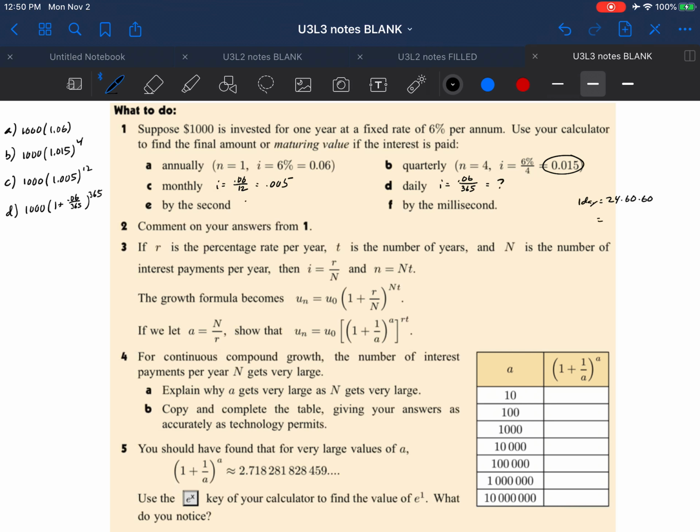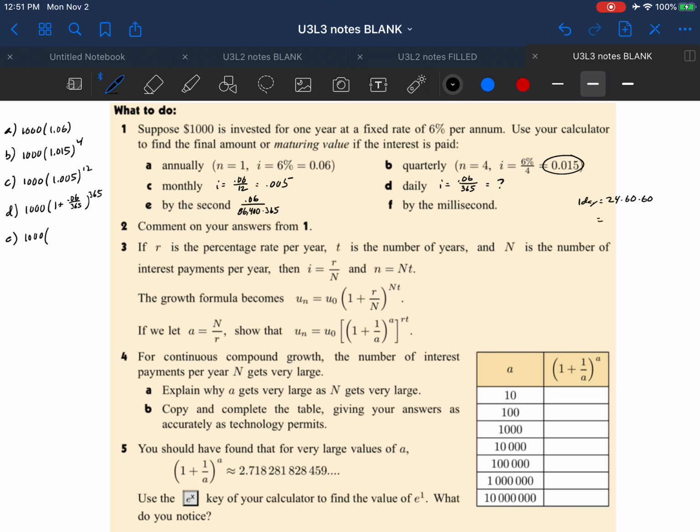So this is going to be 0.06 over 86,400 times 365. Holy cow.